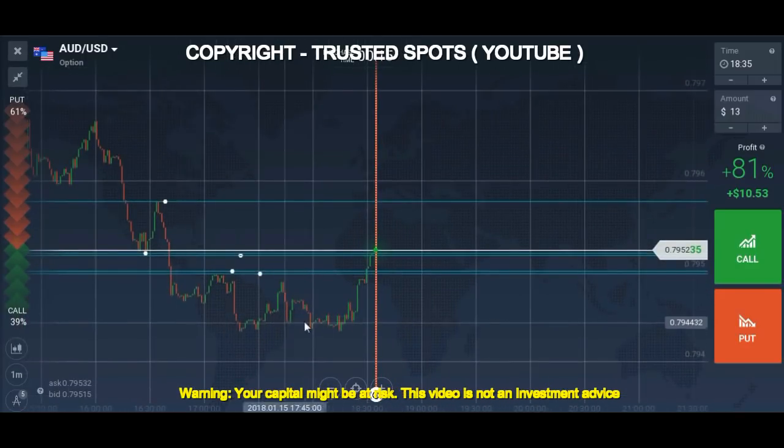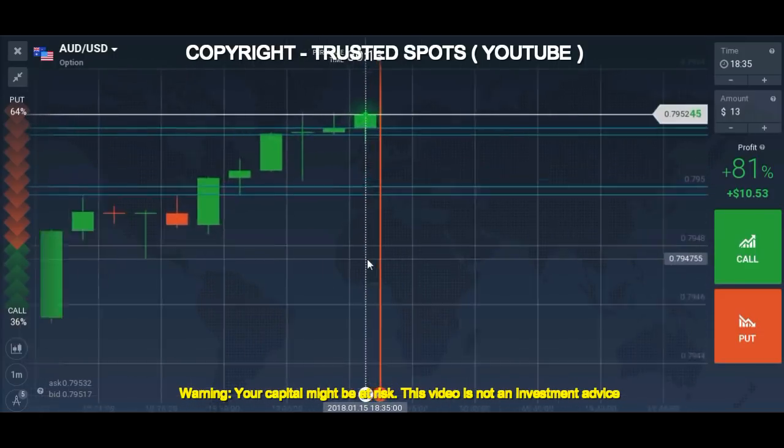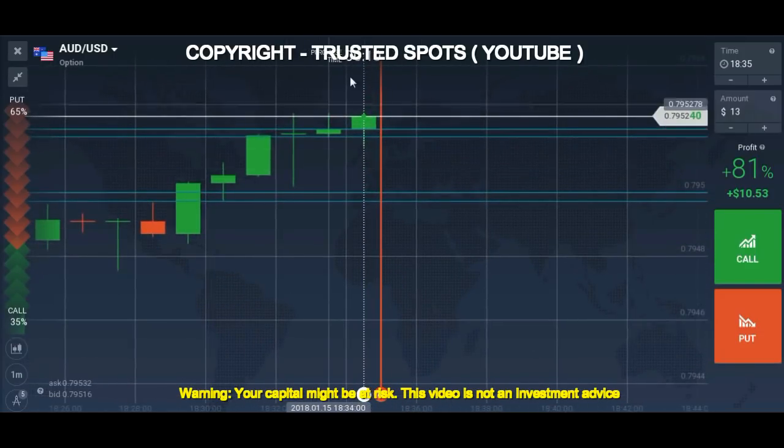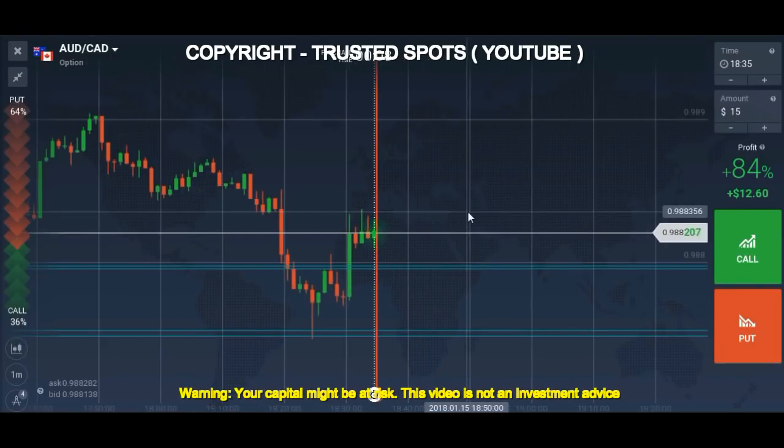Let's see if this candle is going to cross the level or not. Okay.